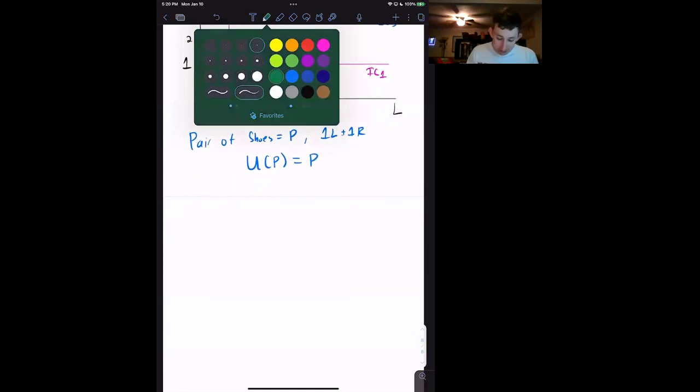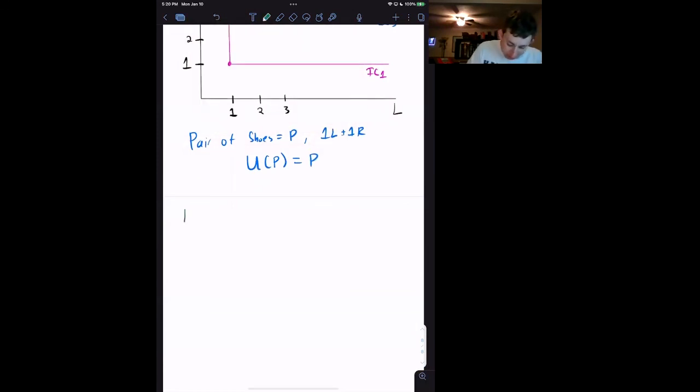For the budget constraint, let's say that a left shoe is equal to $1. It costs $1 for a left shoe, and it costs $1 for a right shoe. And let's just say that we walk into this store with $6. Let's say $6 is equal to our wealth, our income, the amount of money we walked into the store with.